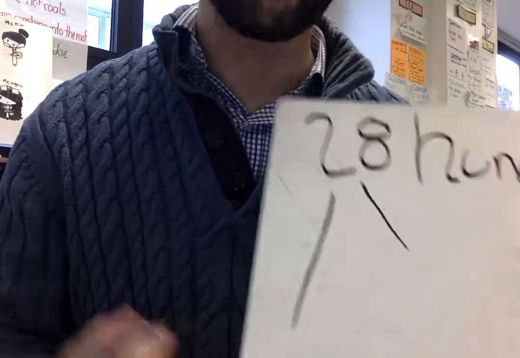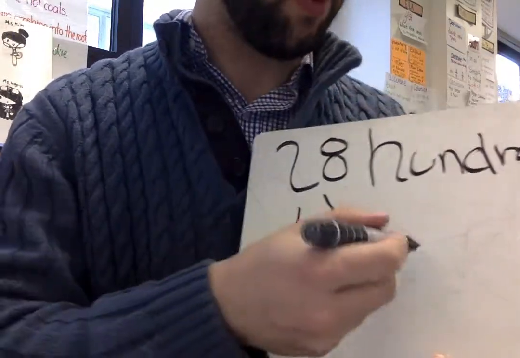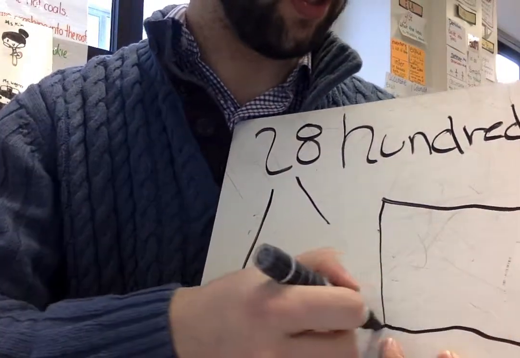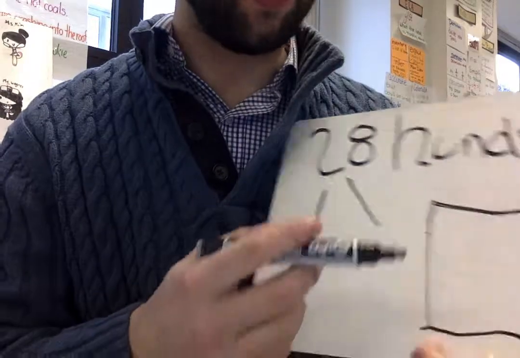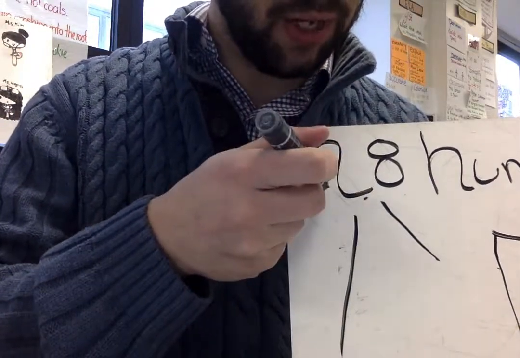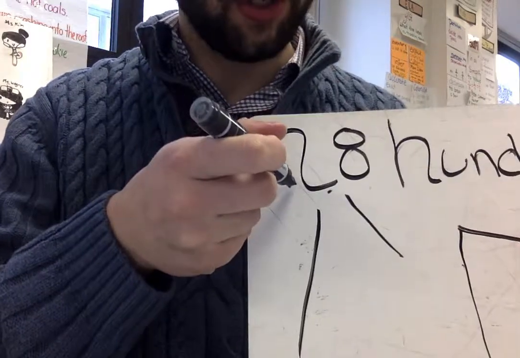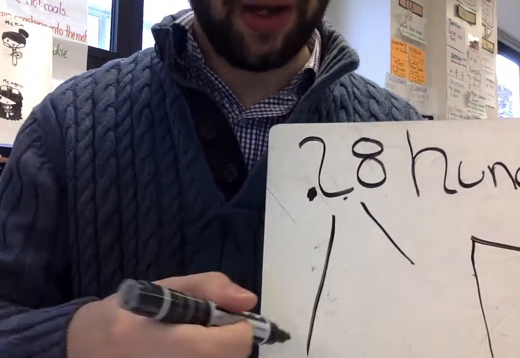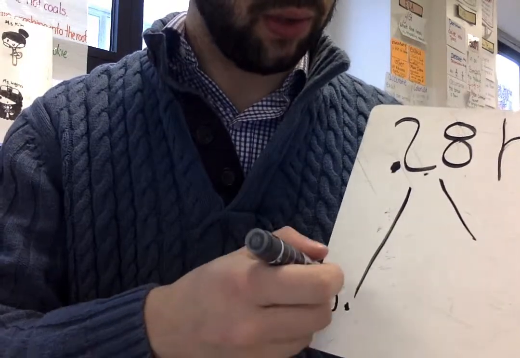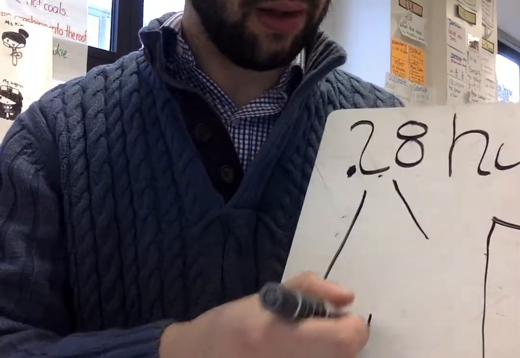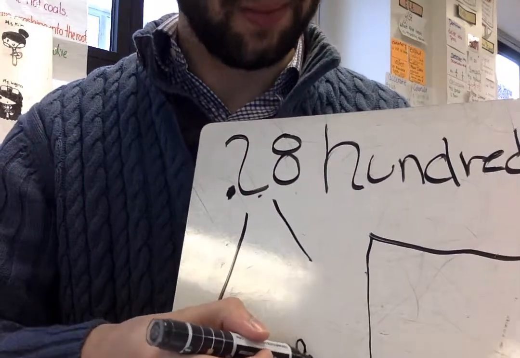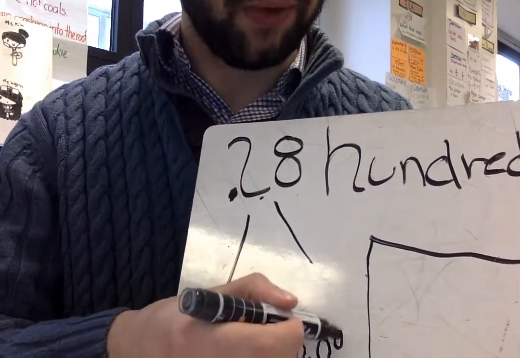I can use the number bond, or I can draw it out with a tape diagram, or I can model it with the place value chart. There are 3 different strategies that we can use. I'll start with the number bond. I have 2 in my tenths place. If I have 28 hundredths, I know there's a decimal point right there. I have 2 in my tenths place, so I'm going to have 0.2. And I have 8 in my hundredths place, so I need to make sure again I'm representing each place value.